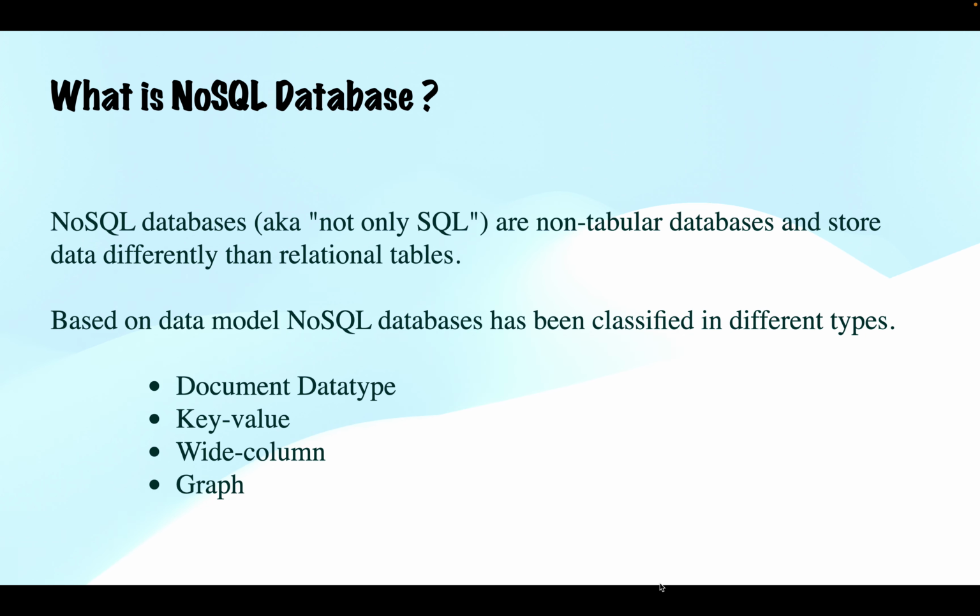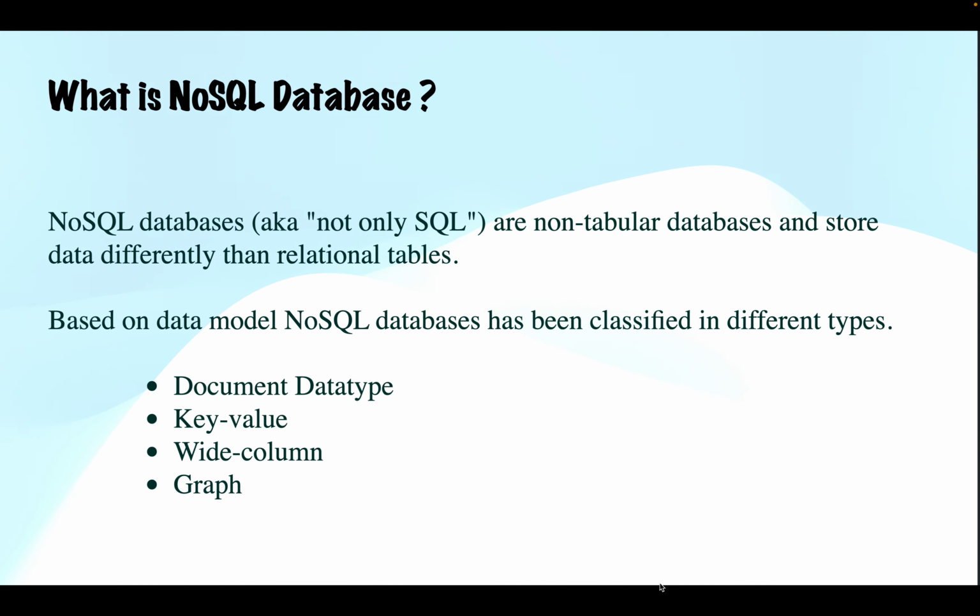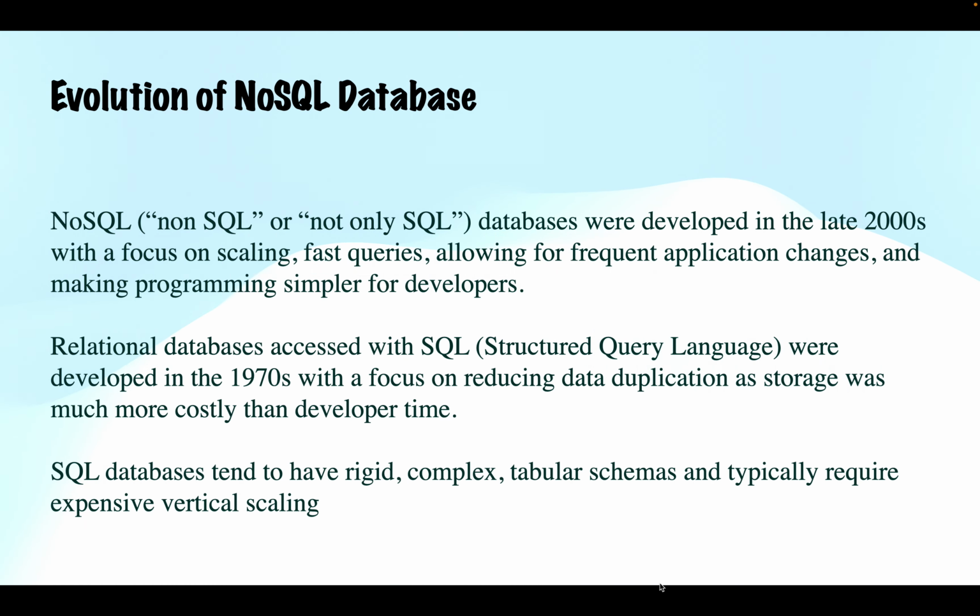Nowadays, if you talk about document databases, the only one that comes into the picture is MongoDB, and it is one of the most commonly used databases in industry nowadays. This was derived around 2000.